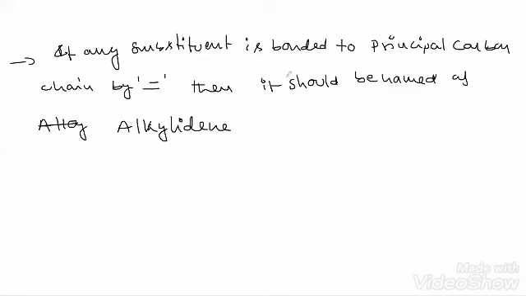If any substituent is bonded to the principal carbon chain by a double bond, then it should be named as alkylidene.